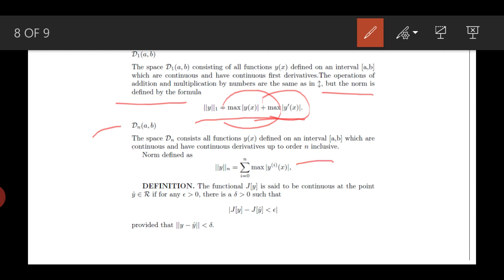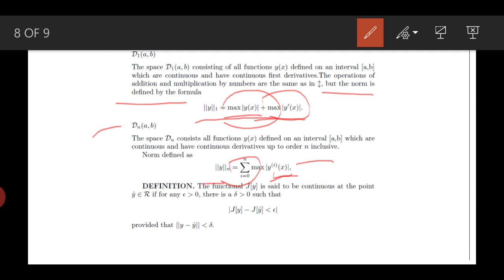And the norm is defined as the norm of y is equal to the summation of the maximum of all the derivatives, first derivative, second derivative, and adding the zero derivative also. So what I did is write maximum of y of x plus maximum of y prime of x plus maximum of y double prime of x plus so on up to order n. So I just take the summation sign.